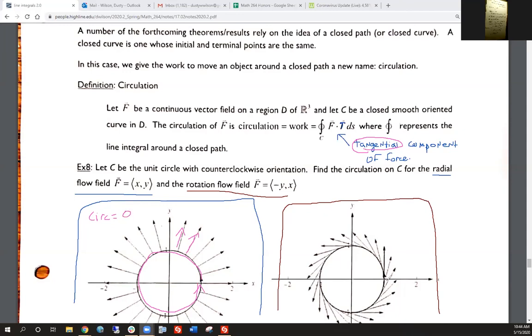In the other case, where we have rotational flow, notice that all those forces are always tangent to the motion. What could you tell me about our circulation?